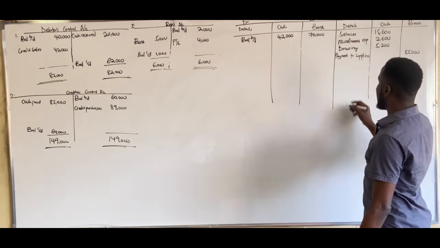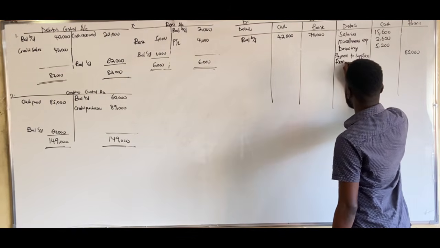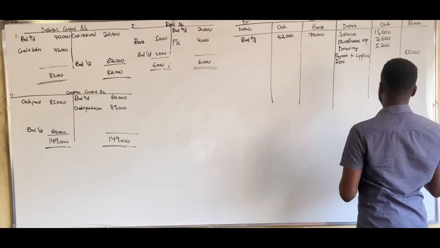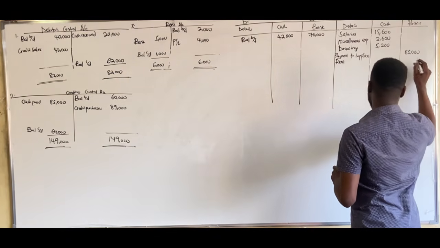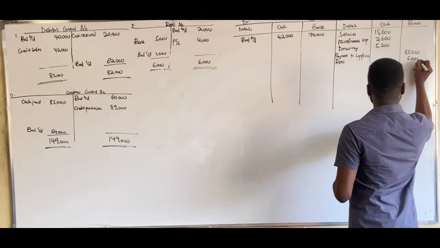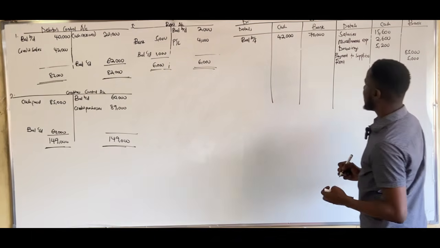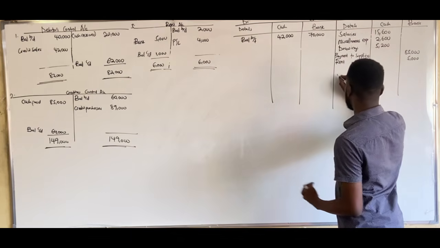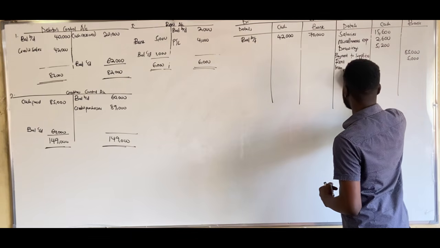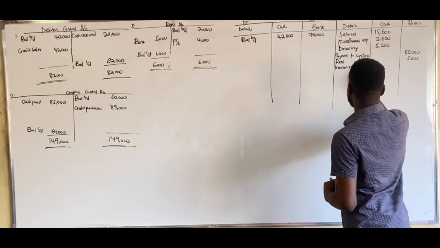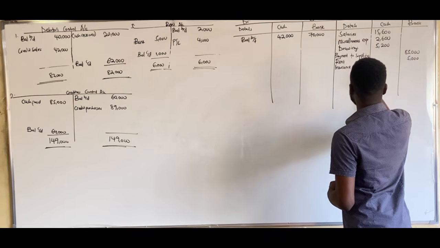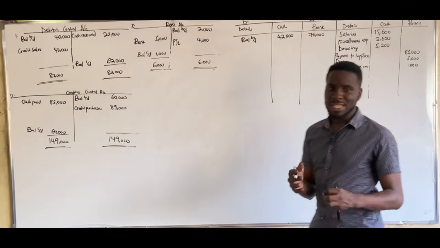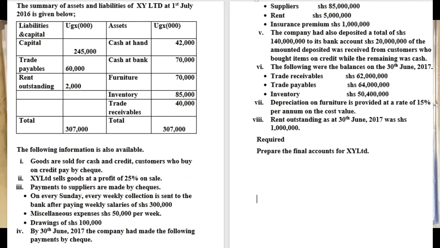Then the next one, under it is still rent. We paid out rent, but also rent was paid out of check. That means we also paid it out of the bank. So you bring the 5,000 here like this. And then the next transaction that we have still under the same Roman numeral, it is insurance premium. The insurance premium that we paid was 1,000. That's what we have that we paid.